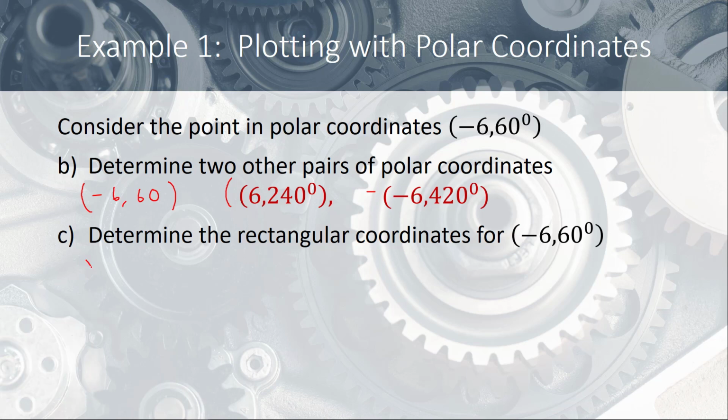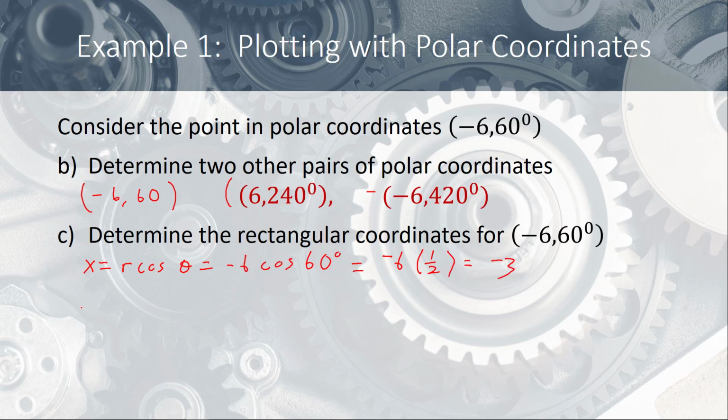The first one is that x is equal to r cosine theta. Once again, r is -6, times the cosine of 60. The cosine of 60 is 1/2, so this is -6 times 1/2, which is equal to -3.